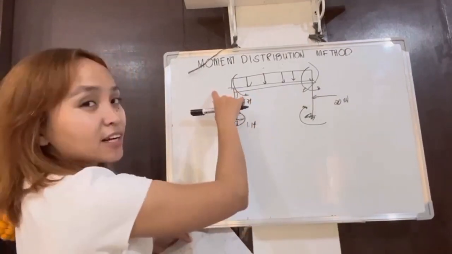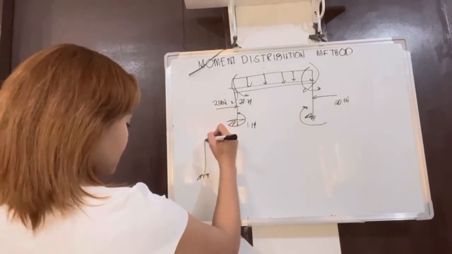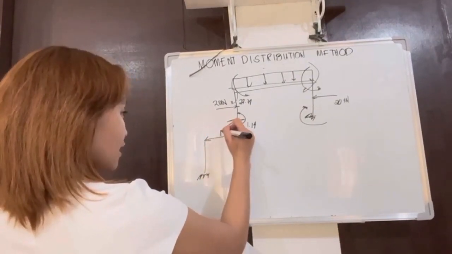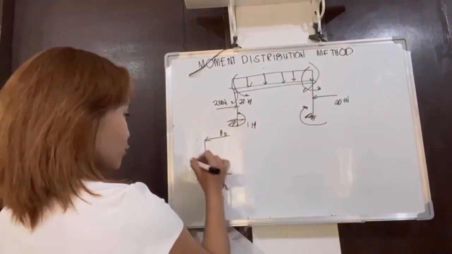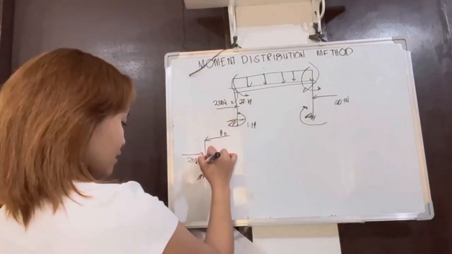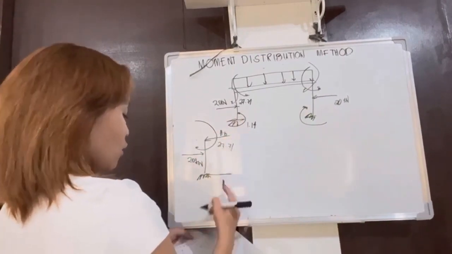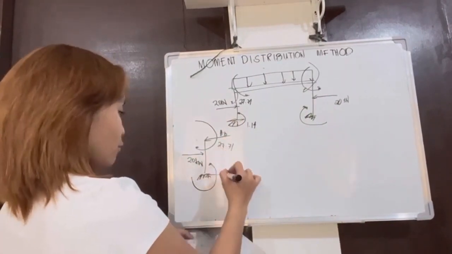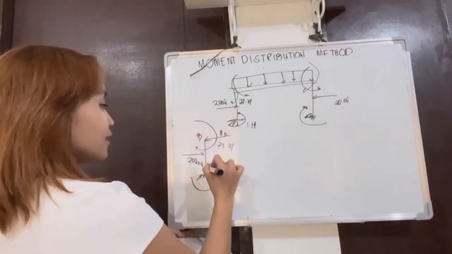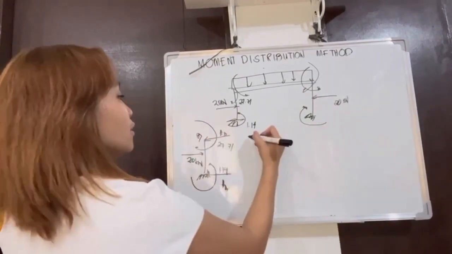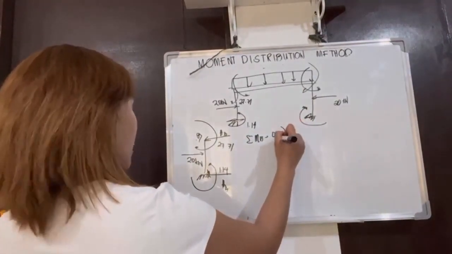Next, we get the reactions of each member. We do not start at A or B. So, AB: there is a horizontal load here of 20 kN. Here, we have the moments we got earlier, 27.71 and, for AB, 1.14. So, we just have to get the moment at B. Moment at B is equal to 0, clockwise positive.